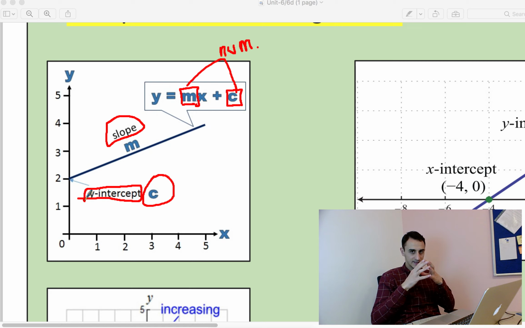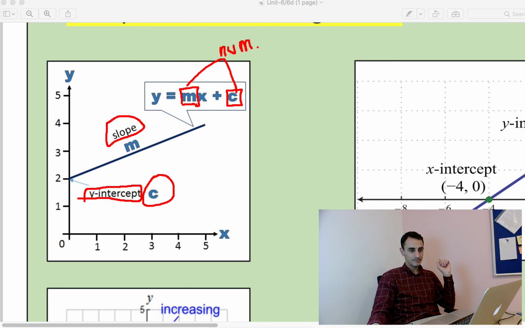Now I'll go back to our algebra calculator and I'll show you that for each equation of the line, for each function of the line, if the c is, for example, 5, then the line needs to pass through the 5 on y-axis. If it is negative 2, the line needs to pass through negative 2 on y-axis. That's why this is always y-intercept. I mean, C represents the intersection with y-coordinate.